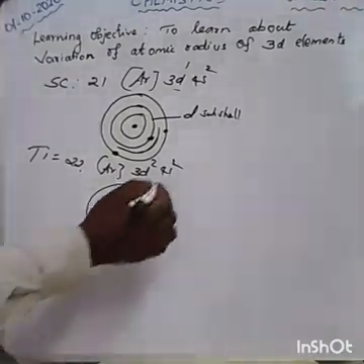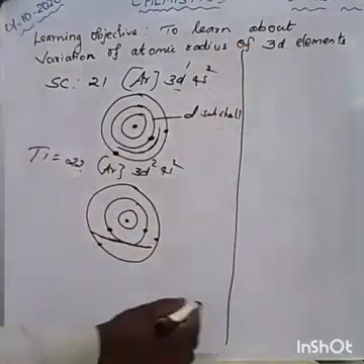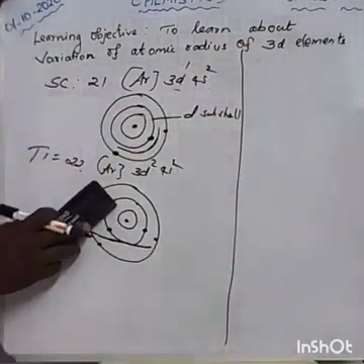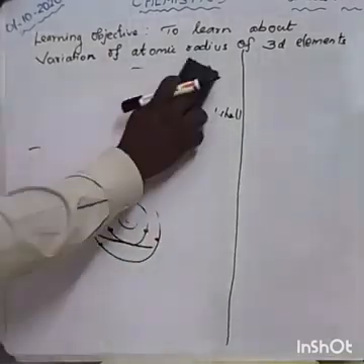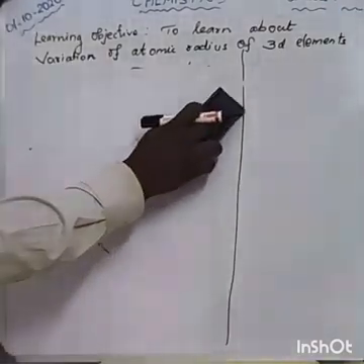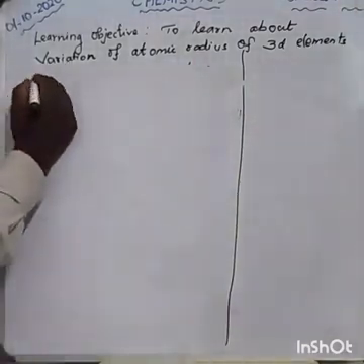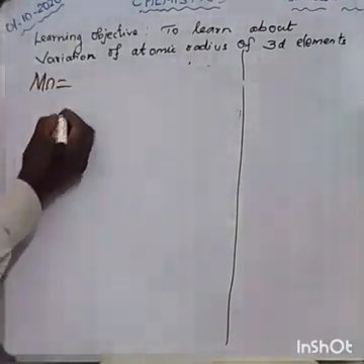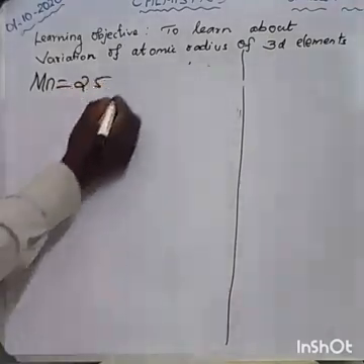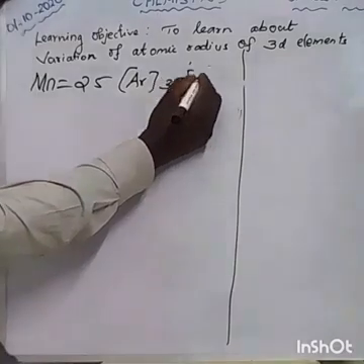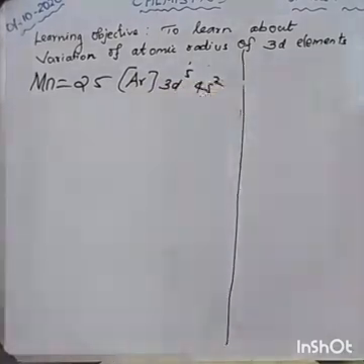What is the case of manganese? In the case of manganese, atomic number 25, argon 3D5 4S2.